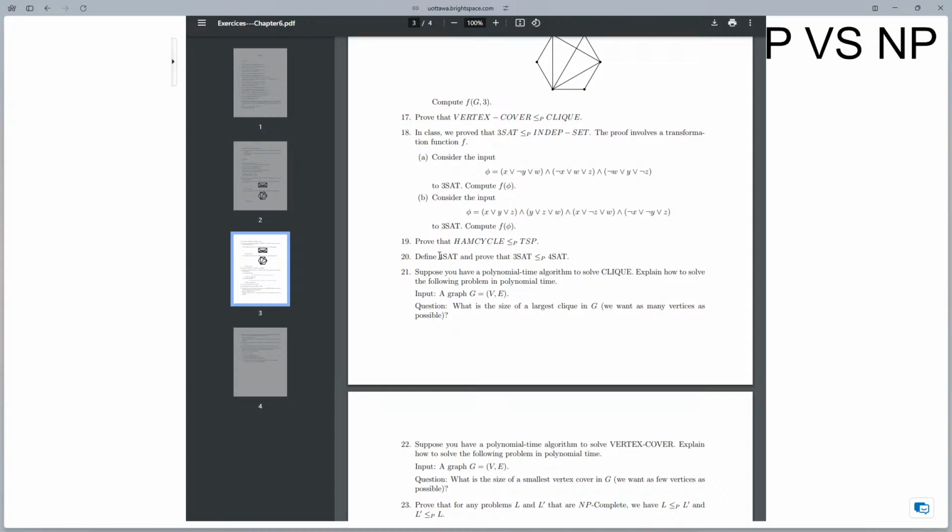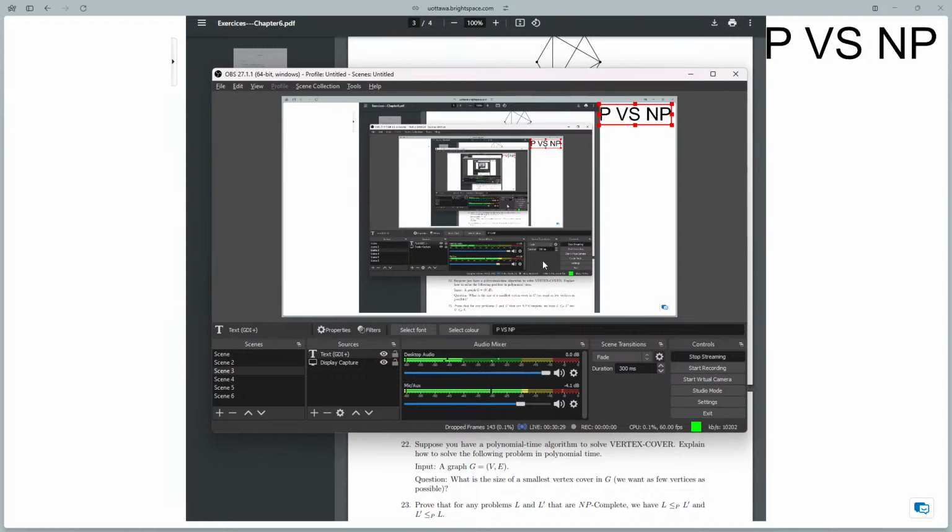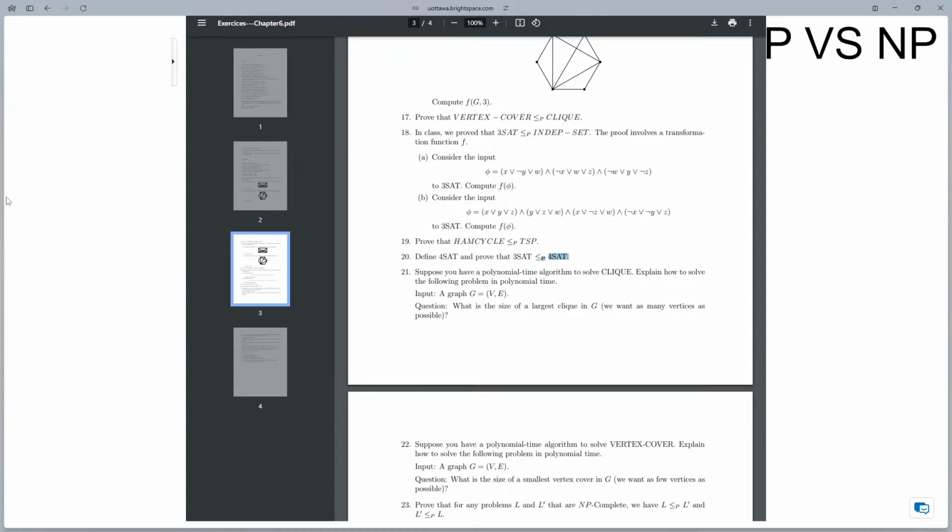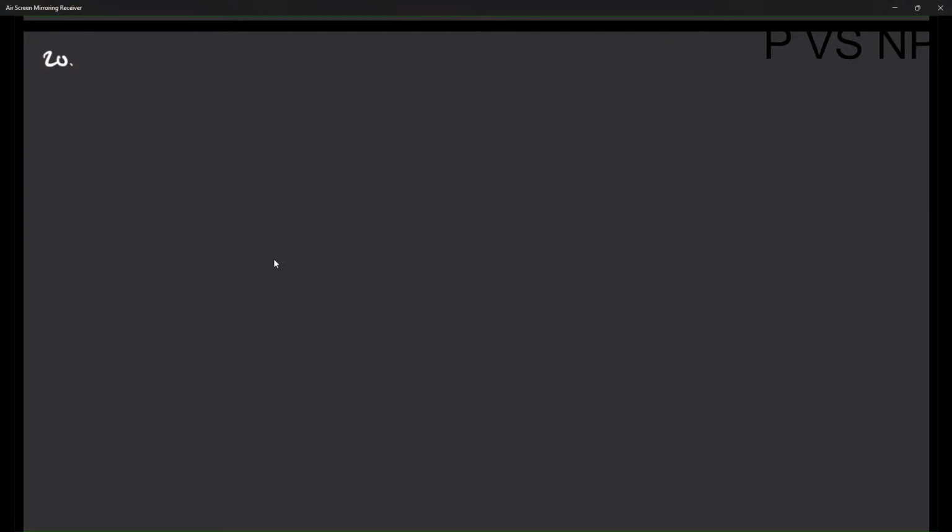Now, we want to define 4-SAT and prove that 3-SAT can be polynomial-time reduced to 4-SAT. Okay, so 4-SAT.